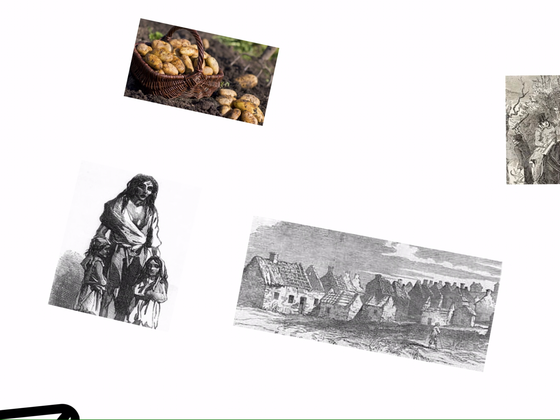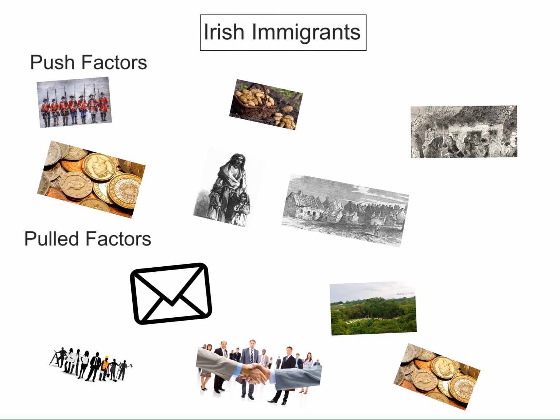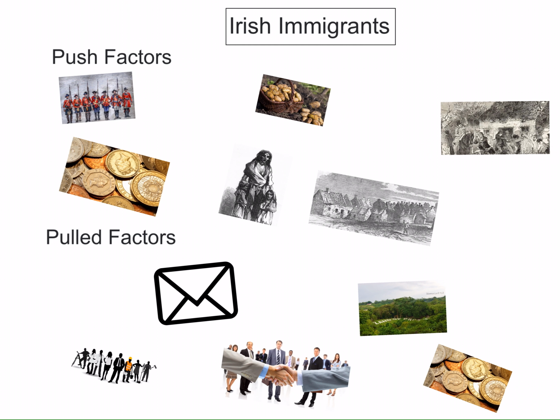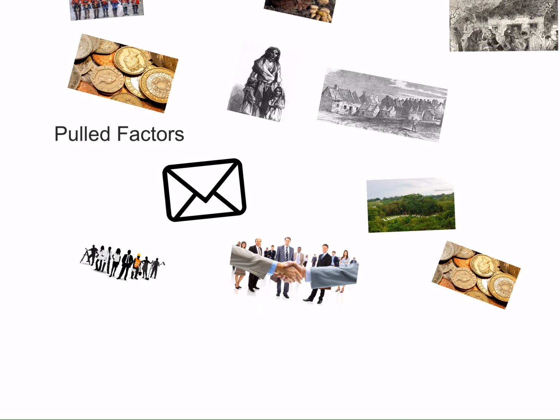So they had to eat raw potatoes, and then people were cold. People were naked, hungry, cold, and their houses were not fit for a human to live in. In no way. So those are the biggest push factors of Irish immigrants.